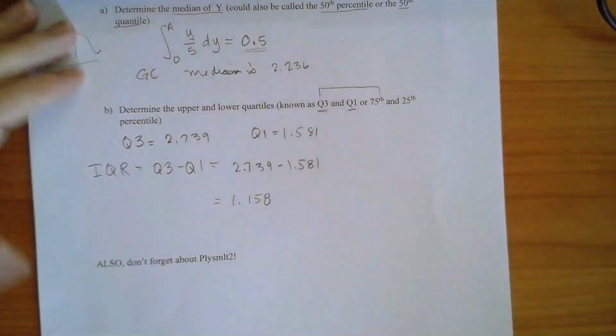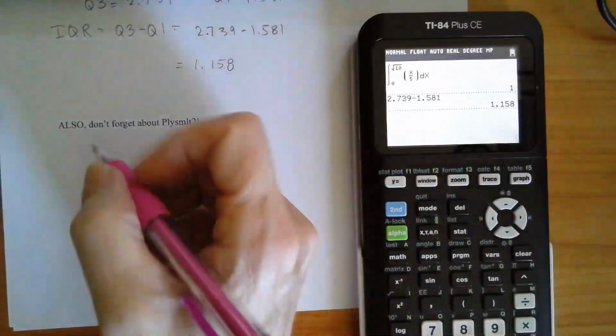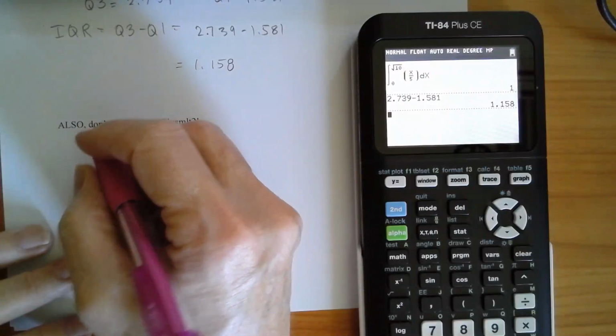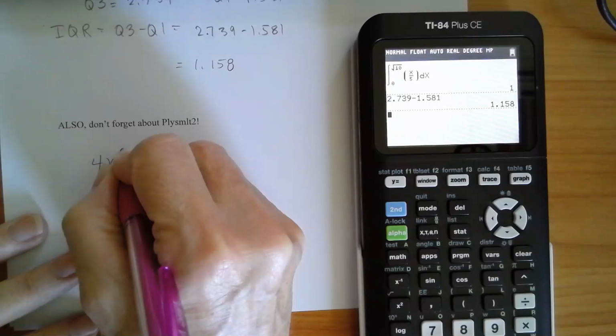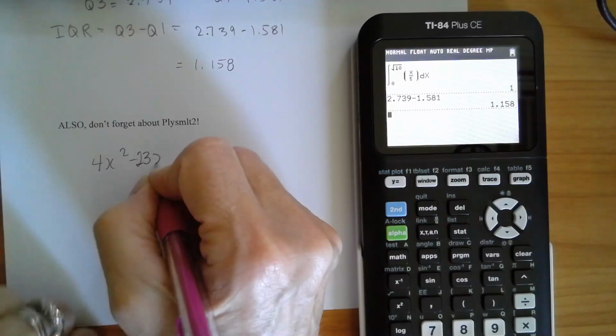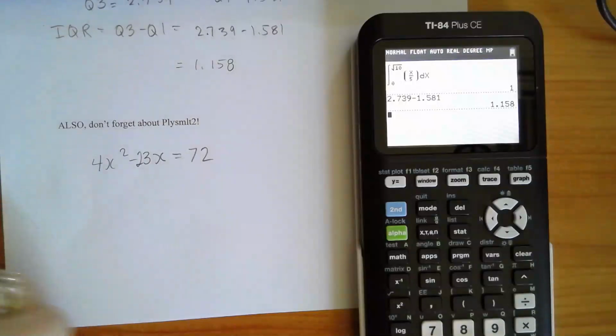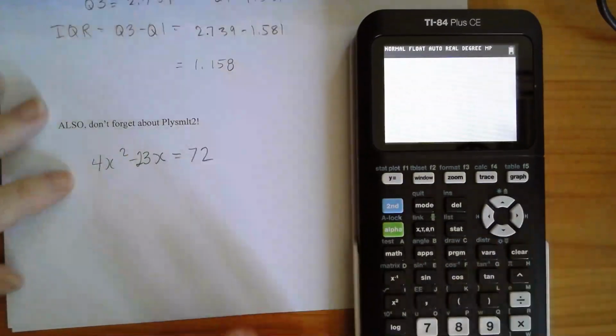Okay. Now, I also don't want you to forget how to use the polynomial solver. I just made up a problem here, something like 4x squared minus 23x equals 72. Let's say you're on a paper and that terrible thing is there.